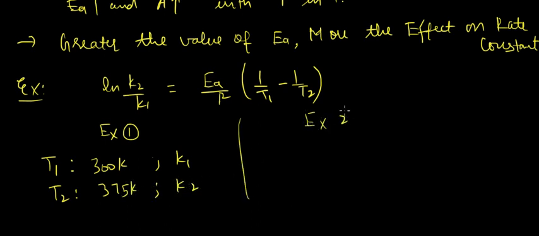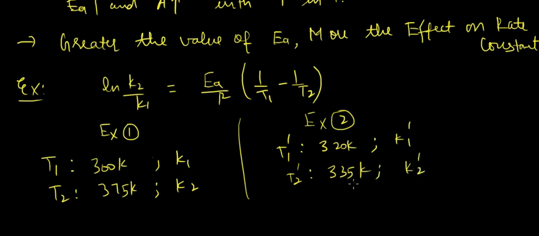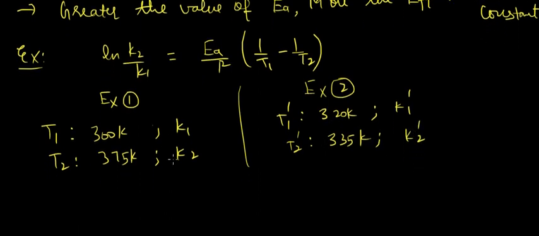We did another experiment in which first we took T1 dash as 320 Kelvin and got some k1 dash, and secondly we took T2 dash as 335 Kelvin and got some k2 dash. So we have to compare the ratios between k2 upon k1 and k2 dash upon k1 dash.